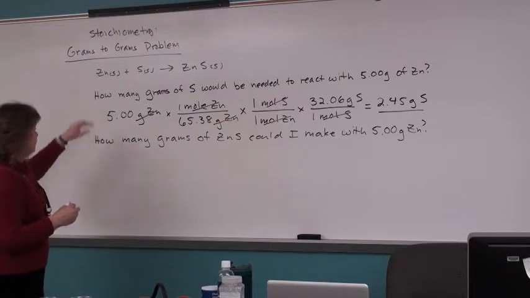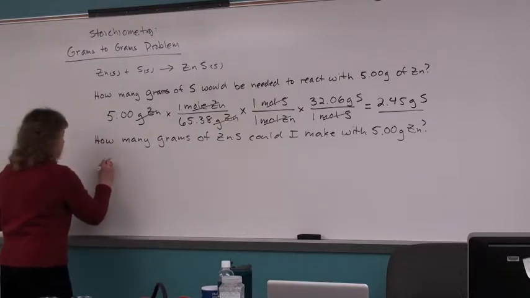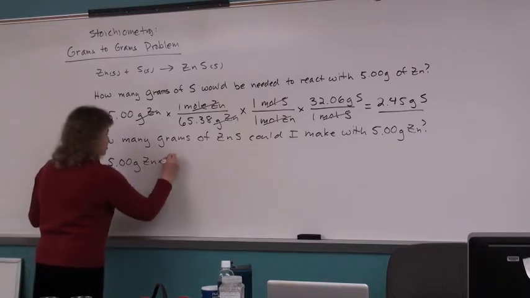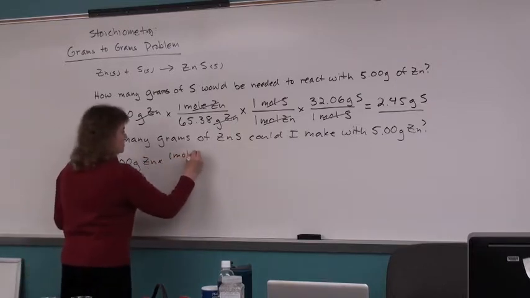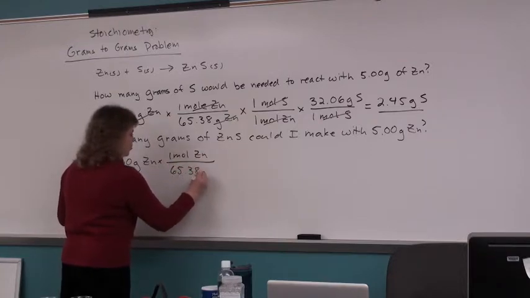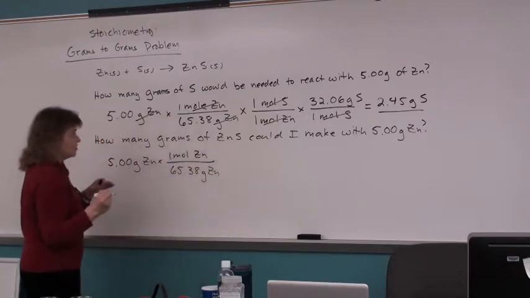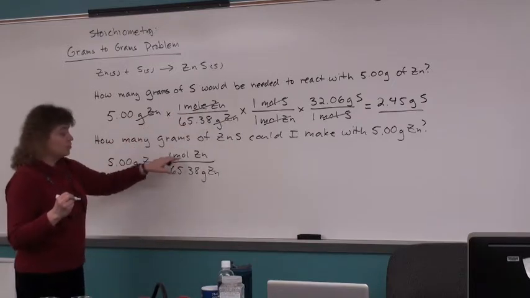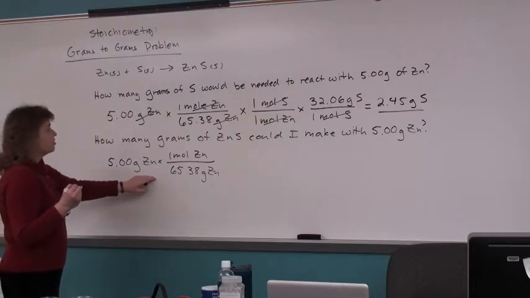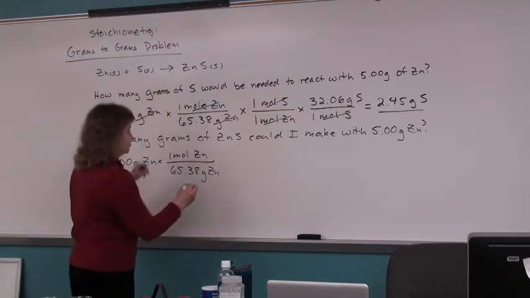So I'll start out, once again, with my 5.00 grams of zinc, and you have to change it to moles. So 1 mole of zinc is 65.38 grams of zinc. By the way, you might be noticing that MOLE can be abbreviated MOL. It saves a little time. But now instead of caring about sulfur, we're caring about the zinc sulfide.